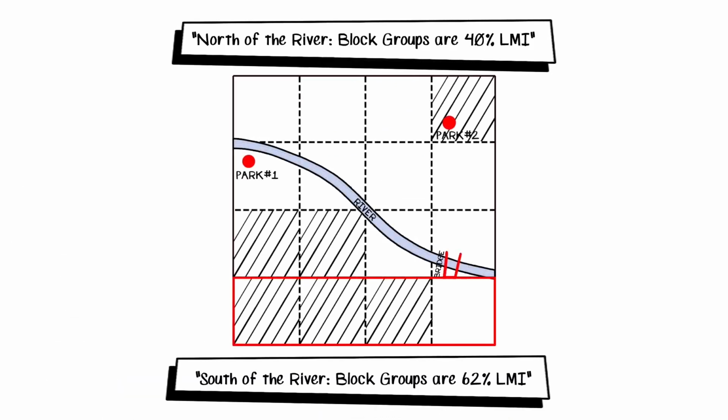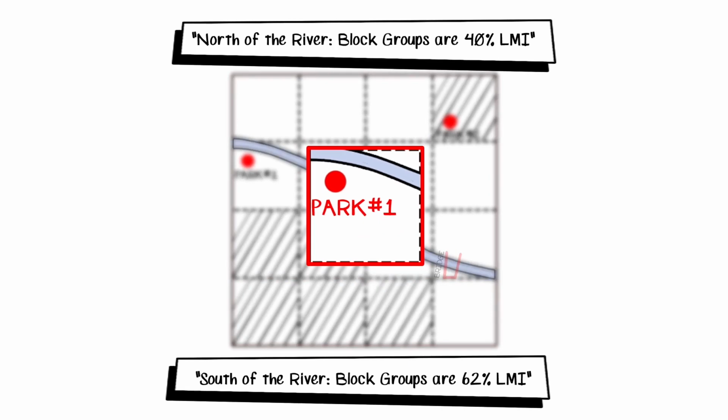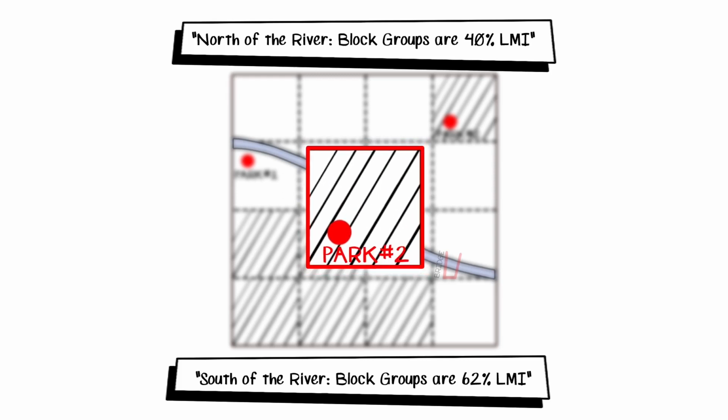Based on the staff's analysis, park number 1 is eligible for CDBG assistance because the service area comprises all of the block groups south of the river, where most of the block groups are primarily residential, and where all of the block groups, when combined, are 62% low and moderate income. Initially, staff thought Park 2 would be eligible because Park 2 is located in a low and moderate income block group.